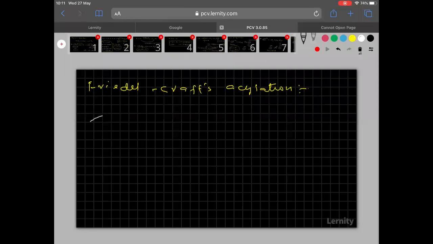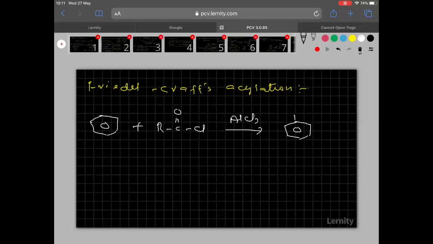So in Friedel-Crafts acylation, what happened here? Benzene will react with acyl chloride in presence of anhydrous AlCl3. Is it clear? Then here we will get C double bonded OR.